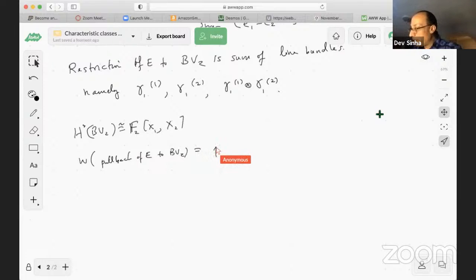It's just 1 or 1 plus 0. For gamma 1, that will be 1 plus x1, the generator of the cohomology of the first factor of RP infinity. Gamma 2 is 1 plus x2. And then the tensor product, I'll leave as an exercise.